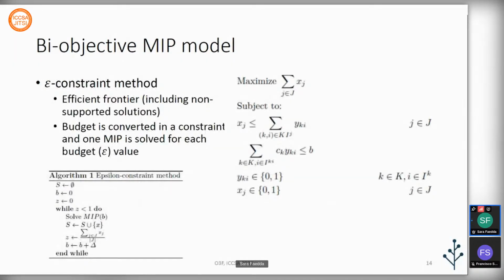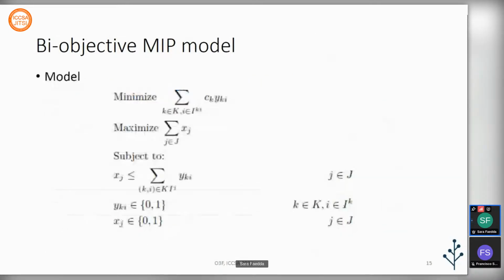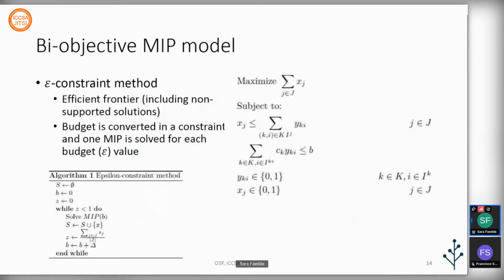What we did was use the epsilon constraint method, so we consider the cost objective as a constraint, and we varied that constraint for different values of the available budget, the epsilon.